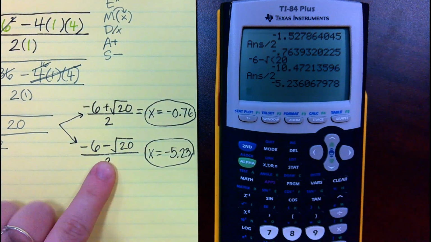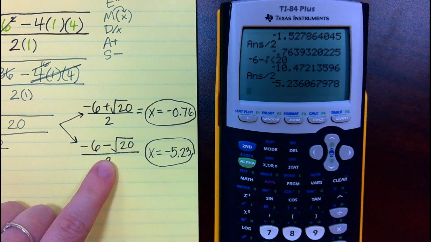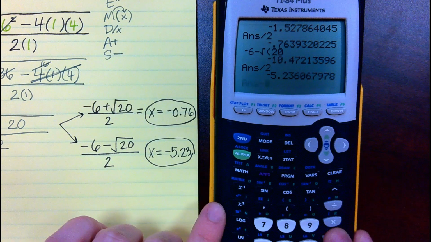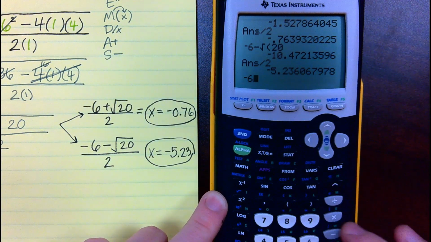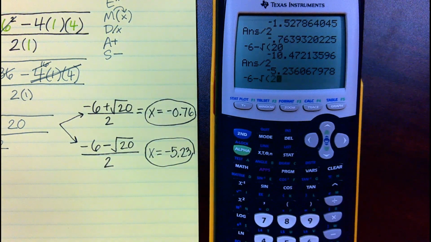Whenever you do negative 6 minus the square root of 20, you have to hit enter first. If you just write it in your calculator, I'll show you what happens. Negative 6 minus square root of 20.